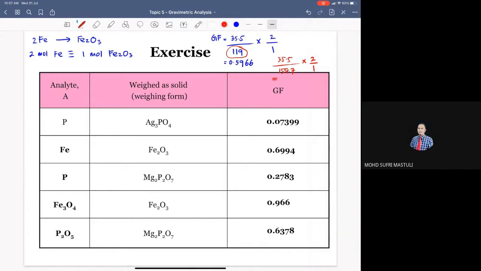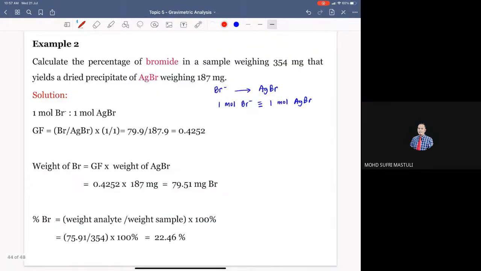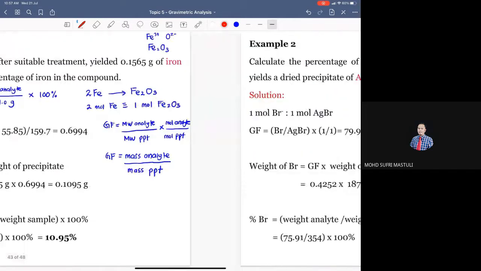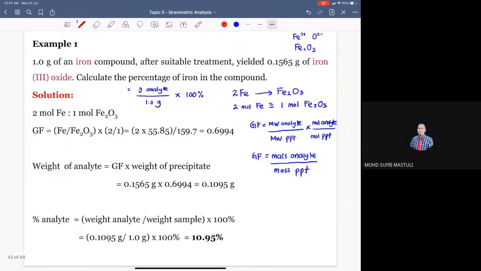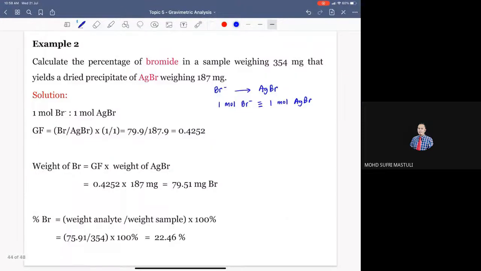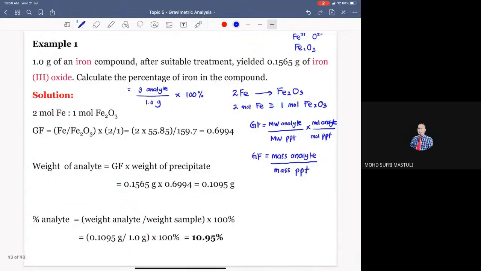Oh, it's wrong. 35.5 is not iron. That is chlorine. Iron is 55.85, it's not chlorine. Yeah. Okay, it's wrong. This is iron. So the molecular weight of iron is 55.85.